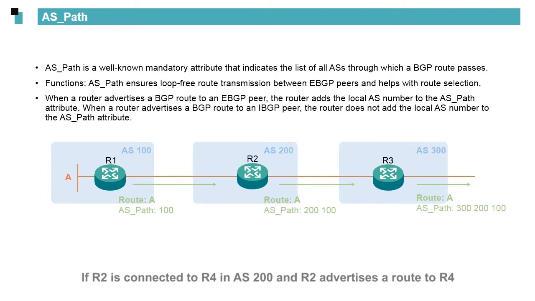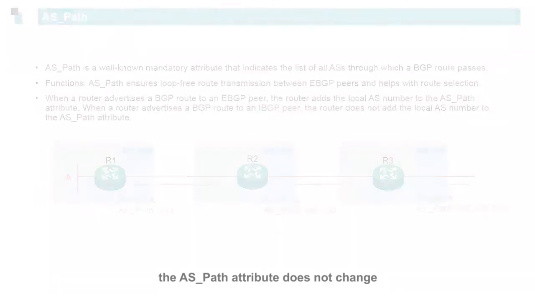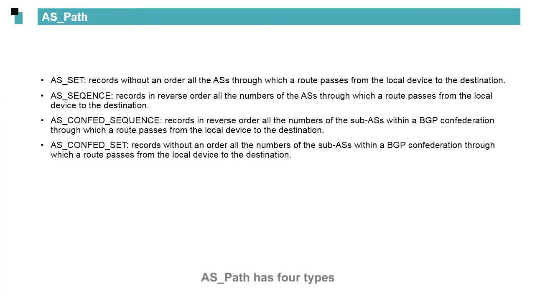If R2 is connected to R4 in AS200 and R2 advertises a route to R4, the AS path attribute does not change. AS path has four types, which are not described in detail. AS set and AS confed set are similar.